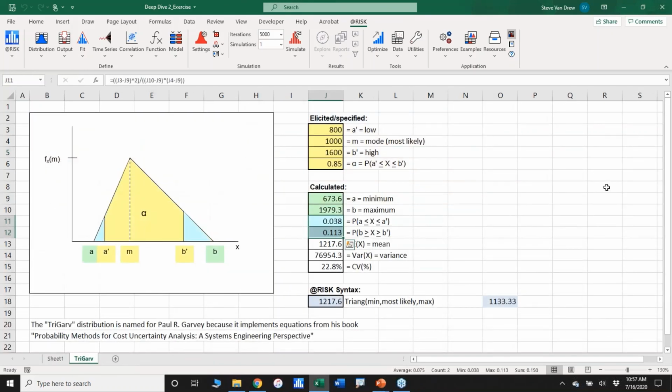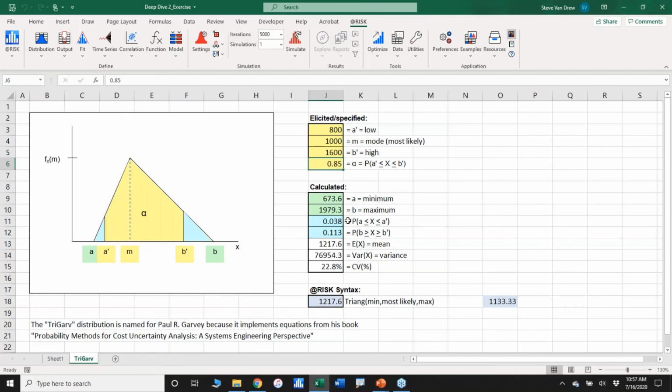With the tri-garv, all that's being solved for because you've said, do it in a way where 85% of the distribution is between the original min and max, but you, garv, in those calculations, find a new min, find a new max, and tell me what that probability has to be to account for the missing 15%.